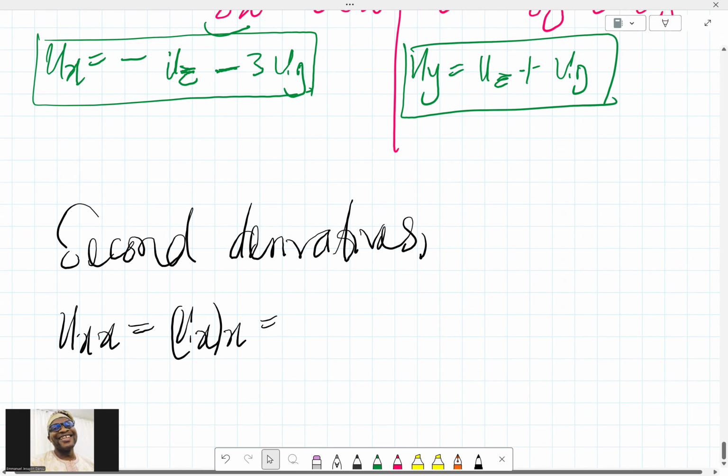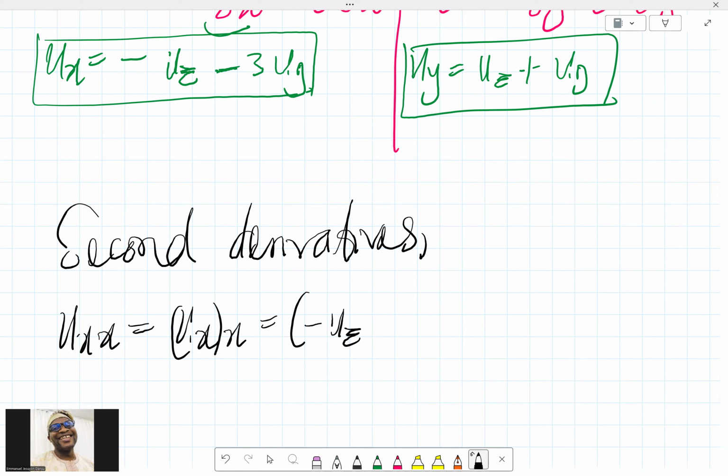That u x already was minus u psi minus 3 u eta, with respect to x. But of course, we have to use the chain rule again for this.